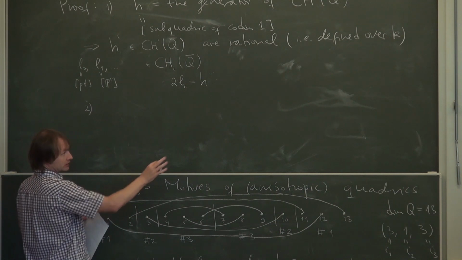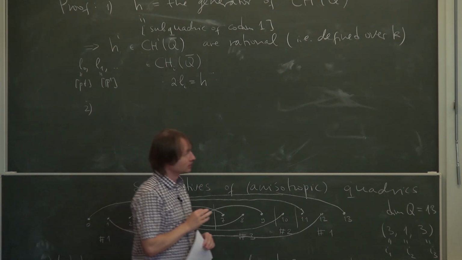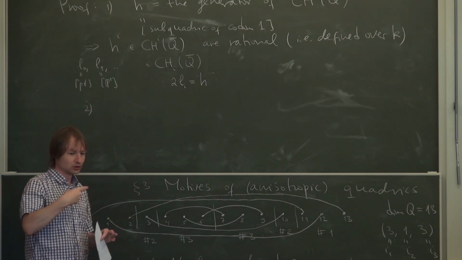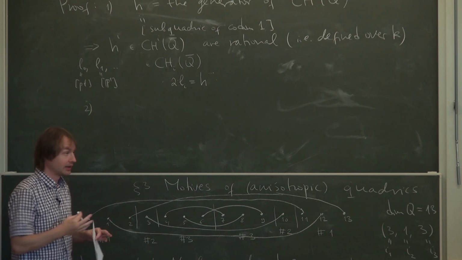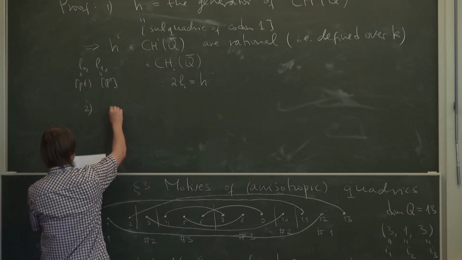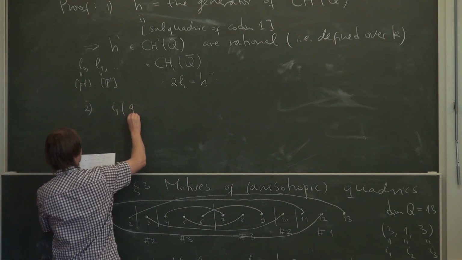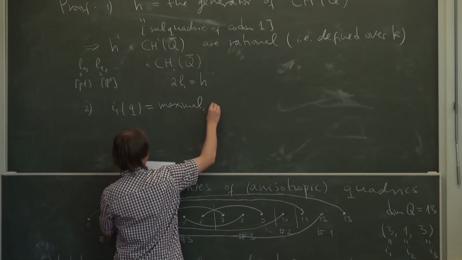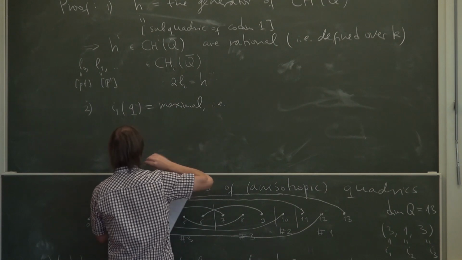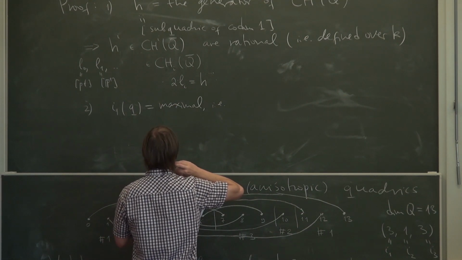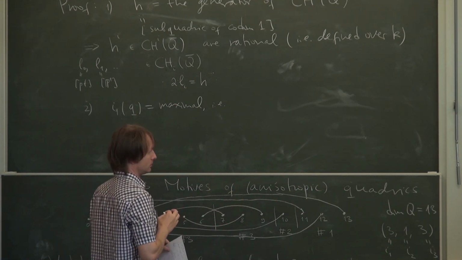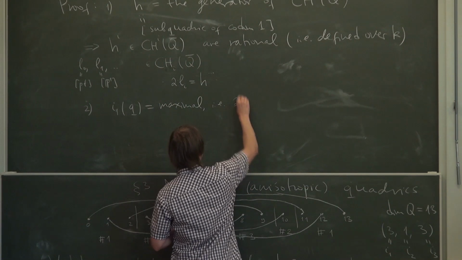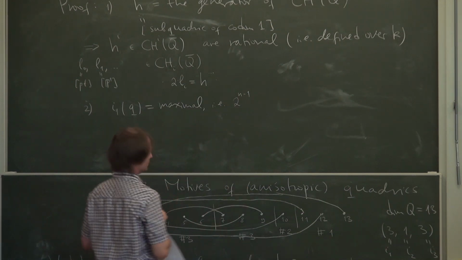So now, since we look at a Pfister quadric, its first Witt index is maximal. This is again a classical fact from quadratic form theory. So I1 of Q is maximal, i.e. it's 2n minus 1.